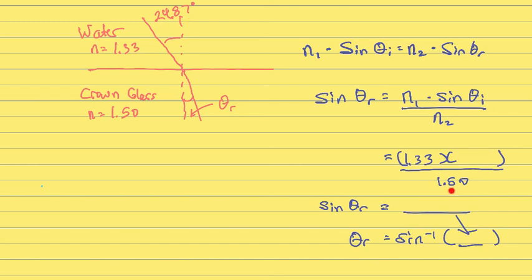Plug that in, and then when you divide by 1.5, you'll have this number right here. Okay, a decimal number. And then again, second function or shift sine of that number will give you the actual angle. So yay! If you follow those steps, you should get the answer that matches the score key.